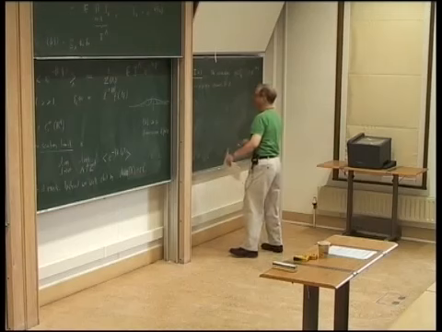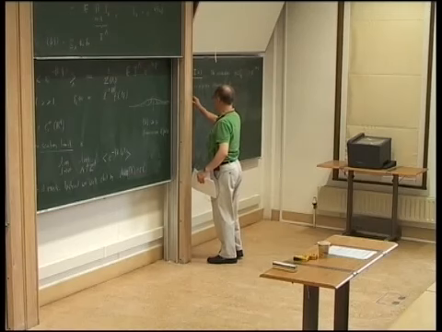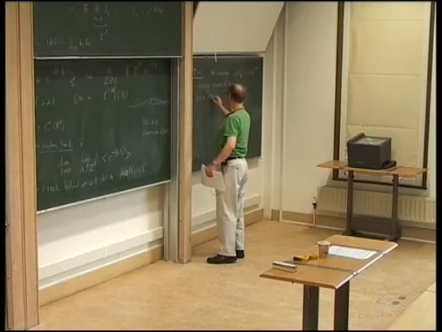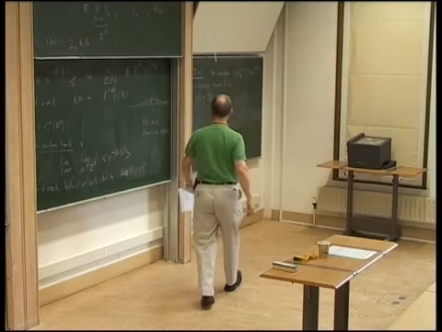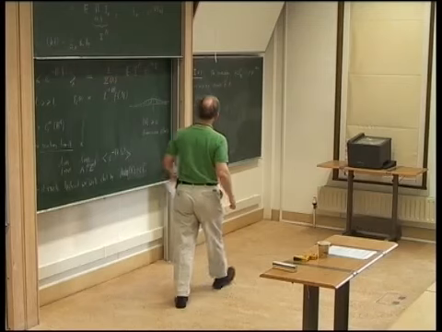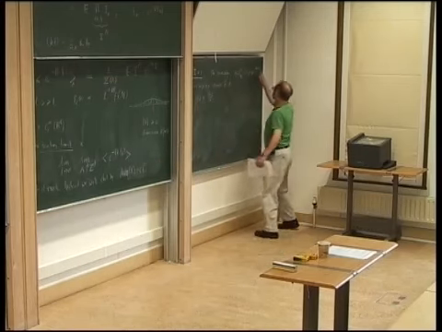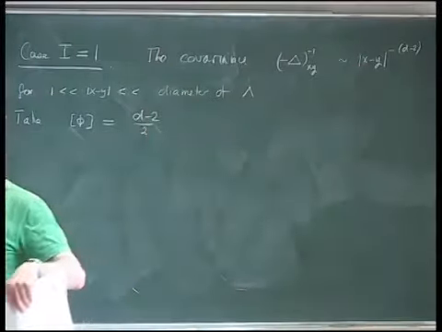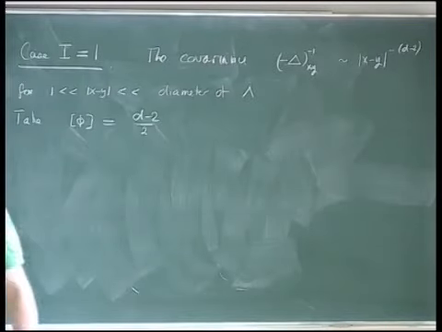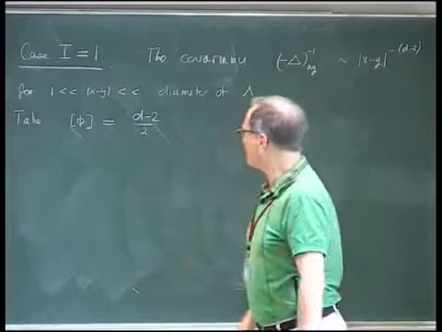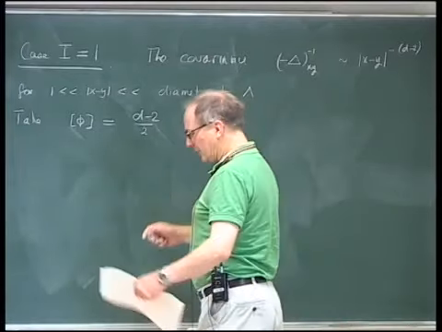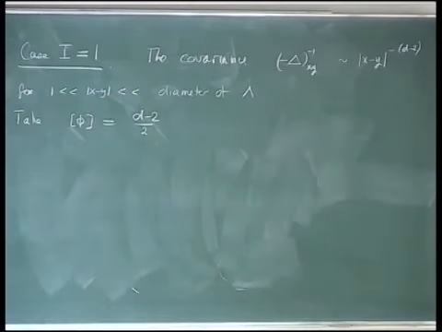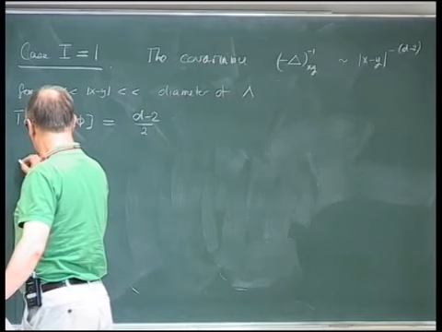So let's take phi to be d minus 2 over 2. Because it's half of this, because you see a covariance is the expectation of two fields, and so each field is responsible for half of the power law, roughly speaking. That's why there's a 2 there. And then we can try to calculate this expectation.